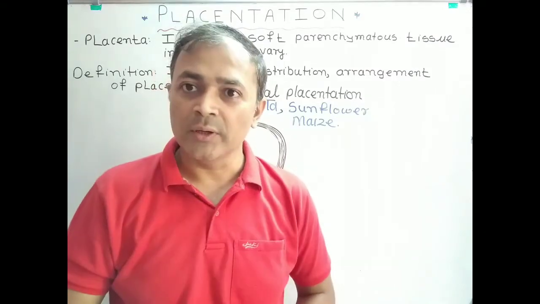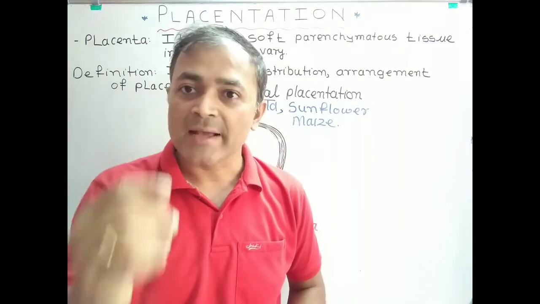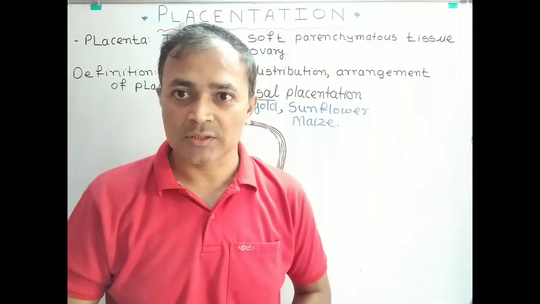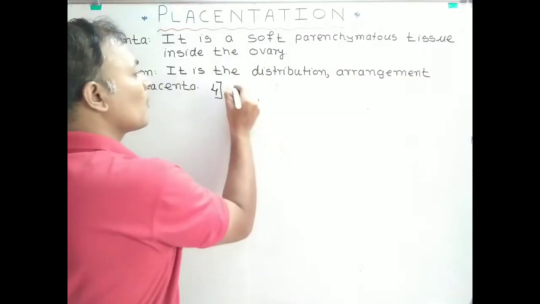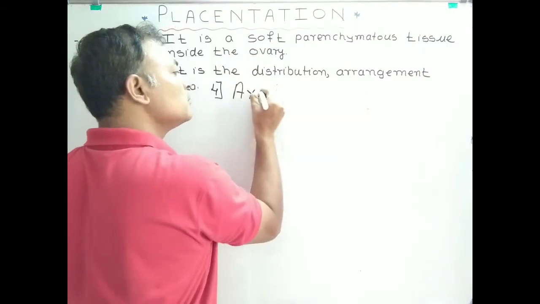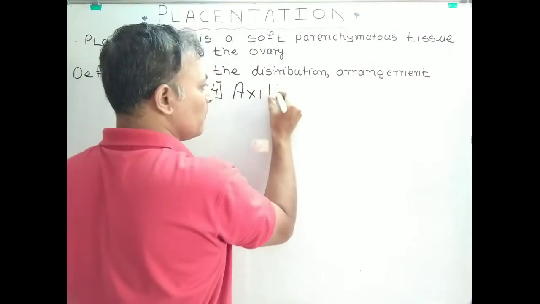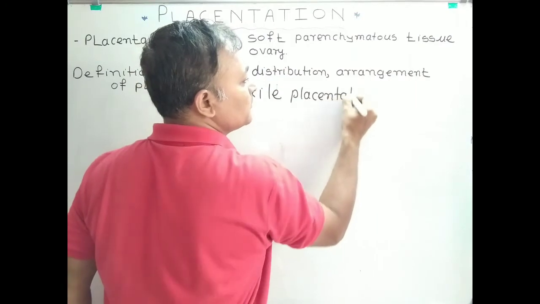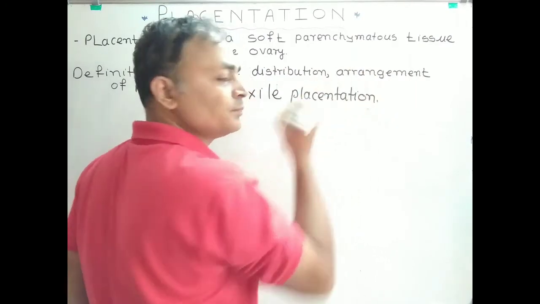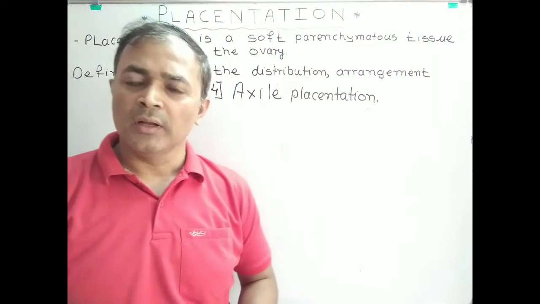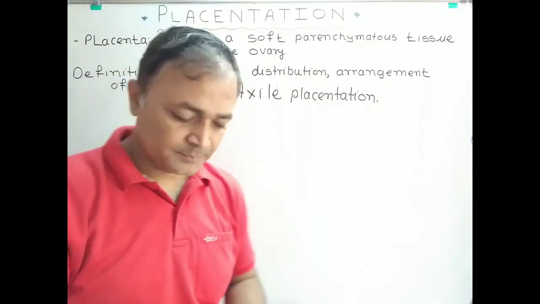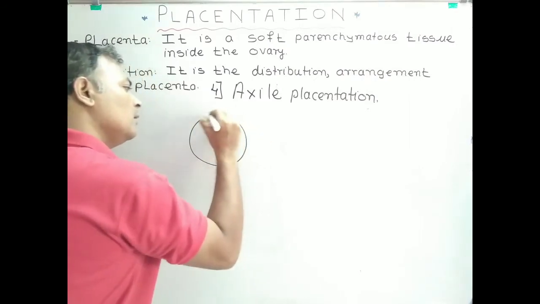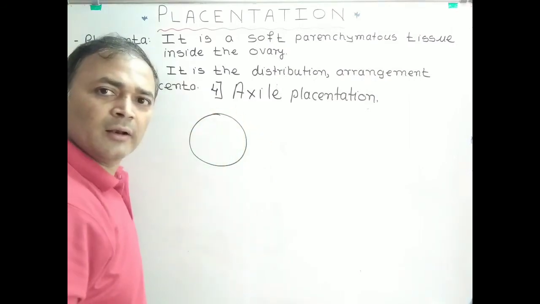Now let us proceed with the axial placentation. It is the fourth type of placentation that we are going to talk about. Axial placentation. We'll take example of lemon. Lemon is like this, spherical.